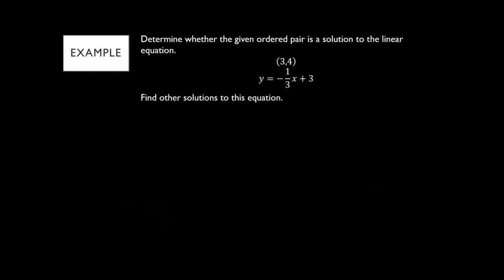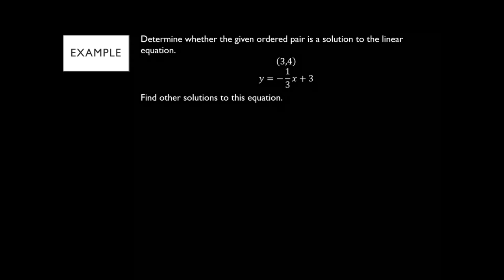So let's take a look at this one right here. It's the same thing. We're given an ordered pair and an equation. This equation is in one of the other forms that we were given, but it still forms a line. And we want to determine whether 3, 4 is a solution. So I'm going to do that in yellow, just like I did on the previous example. So first I'm going to replace the x and the y with 3 and 4.